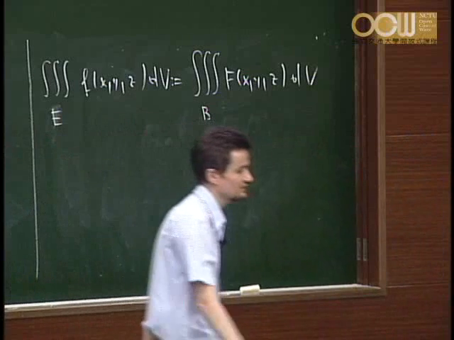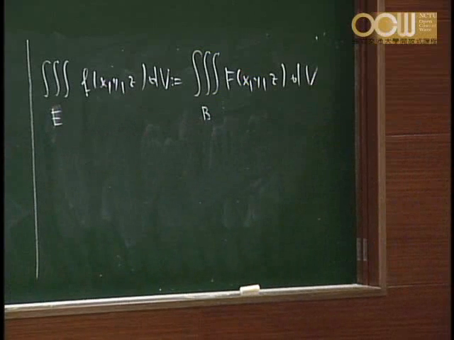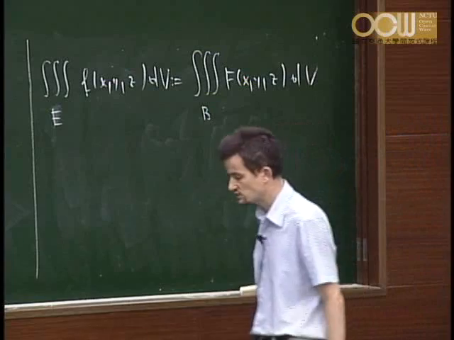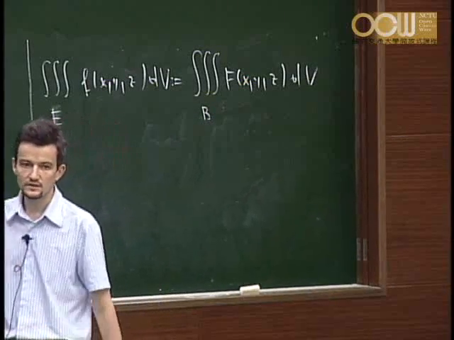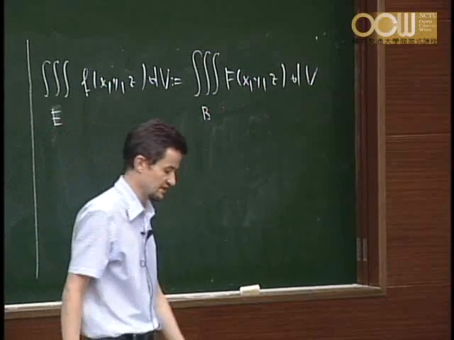Okay, so this gives a definition for the triple integral over a general region. Now in our textbook you can find, as we have seen for double integrals, where we looked at plane regions of type 1 and type 2, essentially the same, you just interchange x and y.